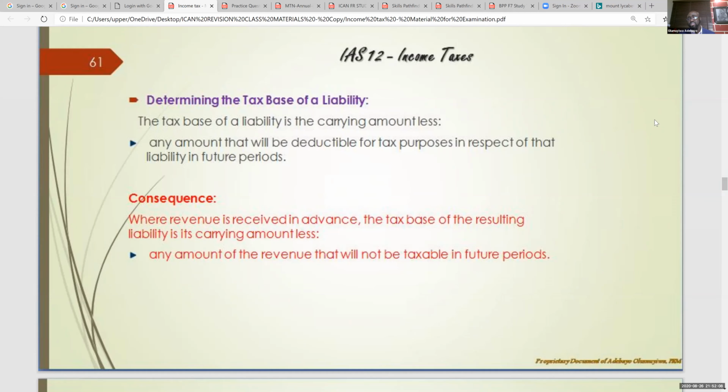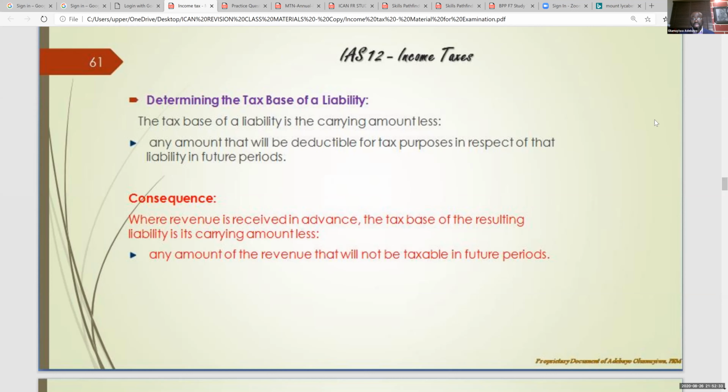Now, what can you conclude as one of the consequences of this? A situation where revenue has been received in advance and such revenue has been taxed on a cash basis. The conclusion then is that the tax base of such a liability, remember, when you receive income in advance, is a liability.